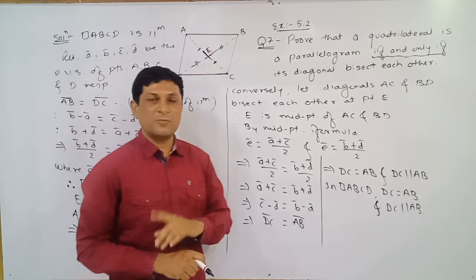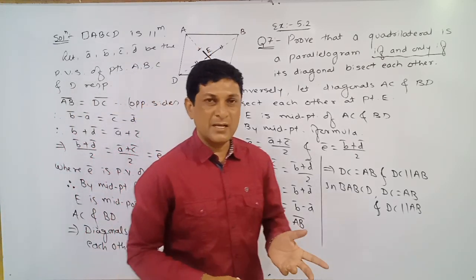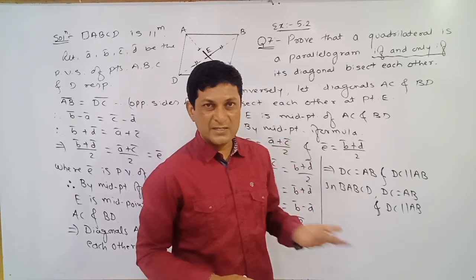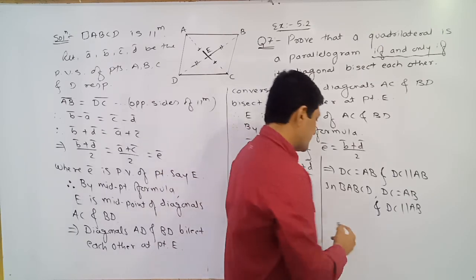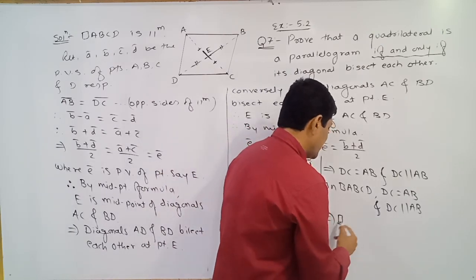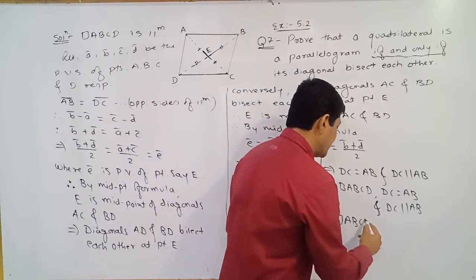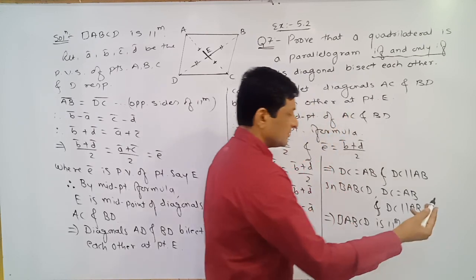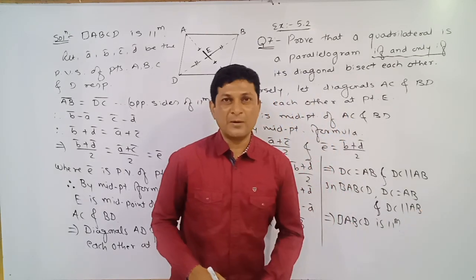In a quadrilateral, if one pair of opposite sides is parallel and equal, the conclusion is that the quadrilateral is a parallelogram. So this implies that quadrilateral ABCD is a parallelogram. In this way we have got our required result.